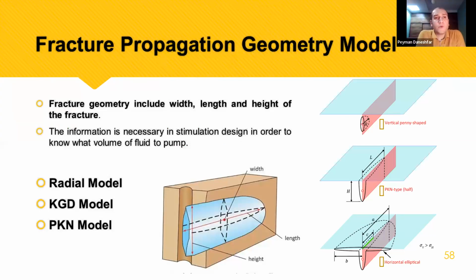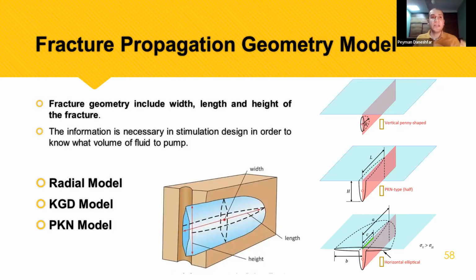One of our important parameters is the fracture propagation geometry model. The fracture geometry model includes the width, length, and height of the fracture, and this information is necessary in simulation and design. We have three common types: radial, KGD, and PKN models.